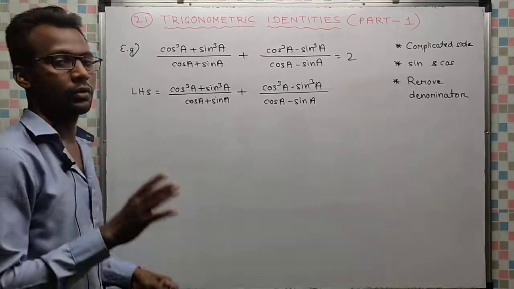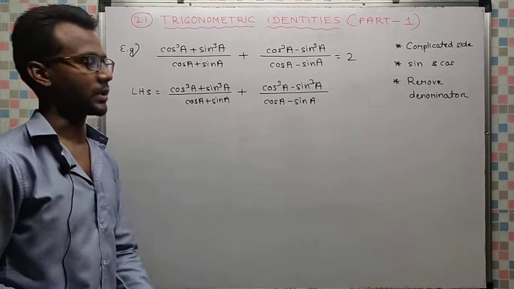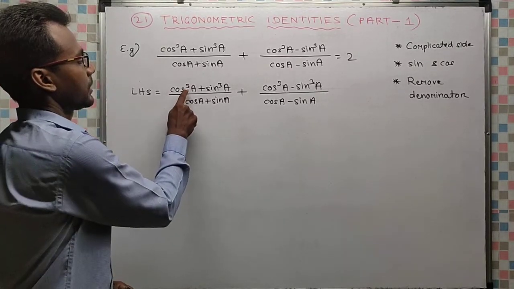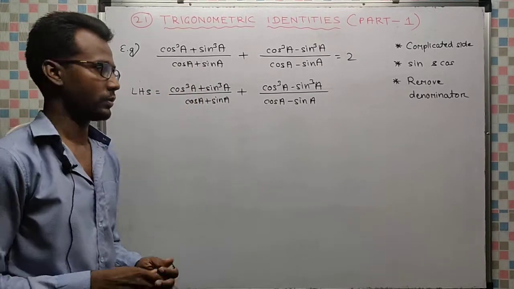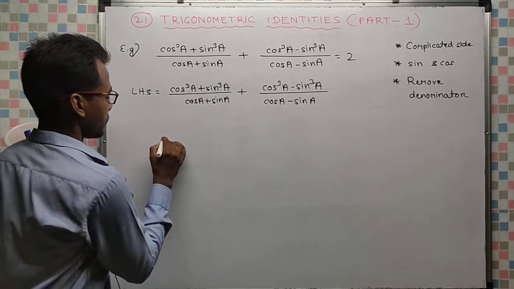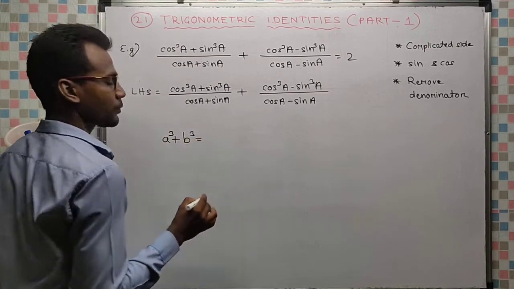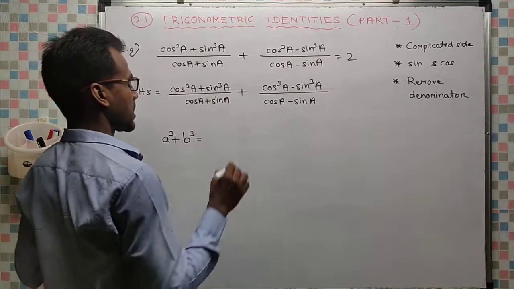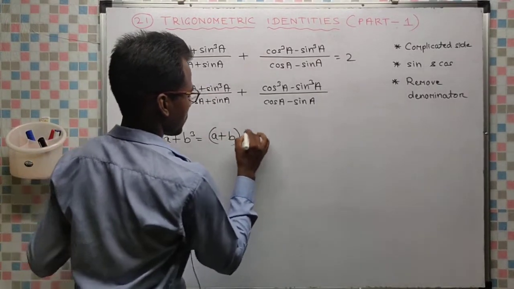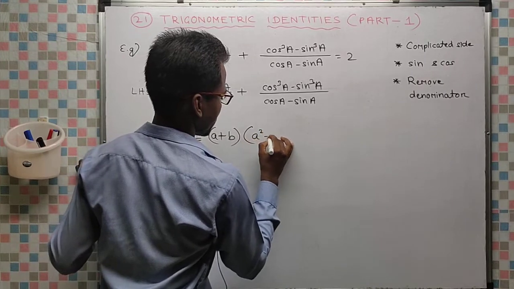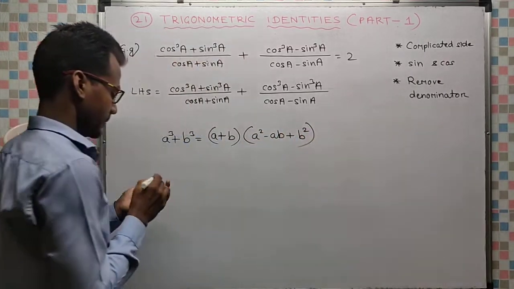How to remove these two? Do not take LCM here, because by taking LCM we cannot remove this. See, cos³A plus sin³A is in the form of a cube plus b cube. A cube plus b cube can be factorized, as you have studied in class 9, into (a plus b) whole into (a square minus ab plus b square).